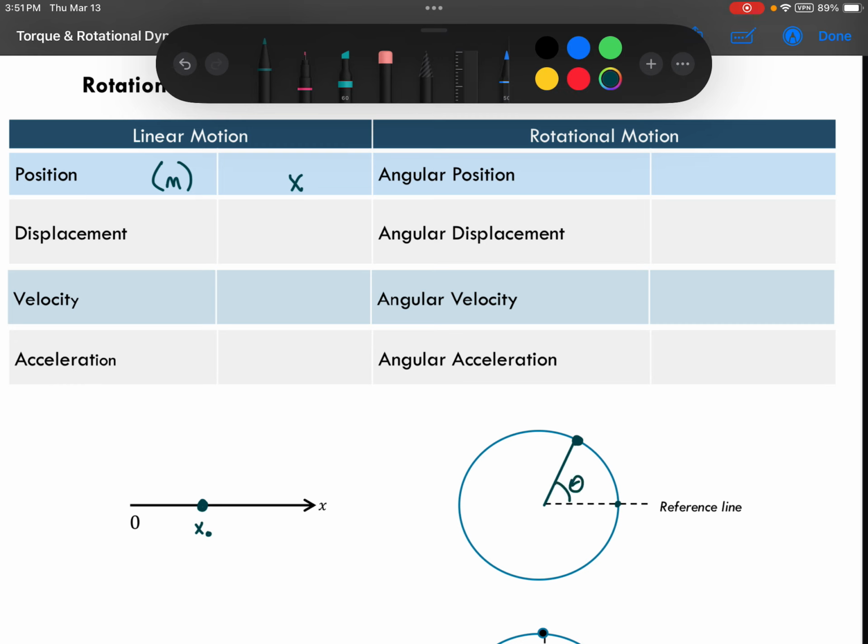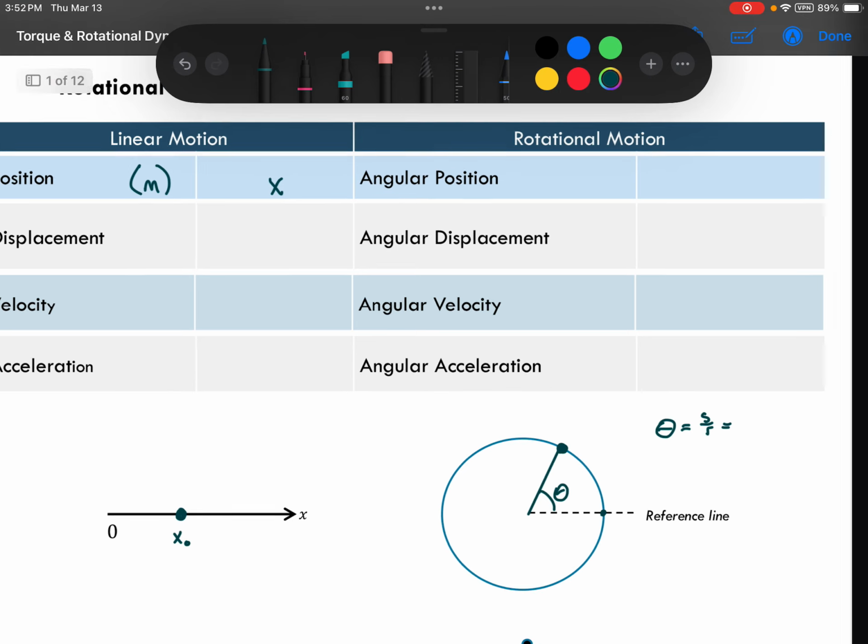So what angle is the object at relative to a reference line? Now from geometry, we have this arc length idea, and we can use this theta equals S over R. We'll really get into this if we're trying to convert between translational variables and rotational variables.